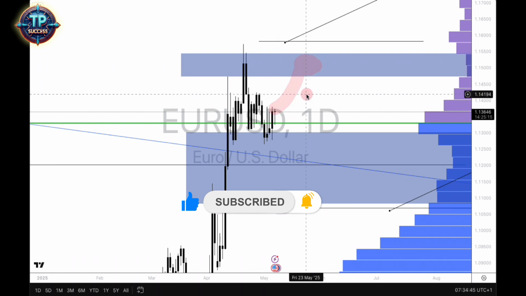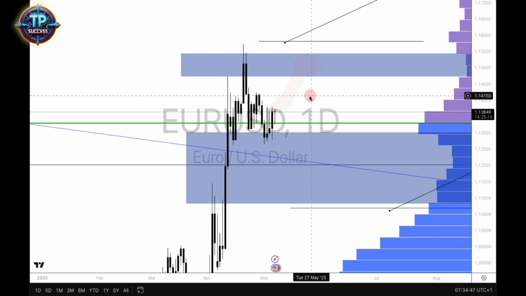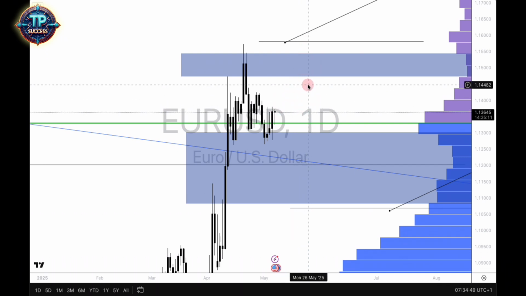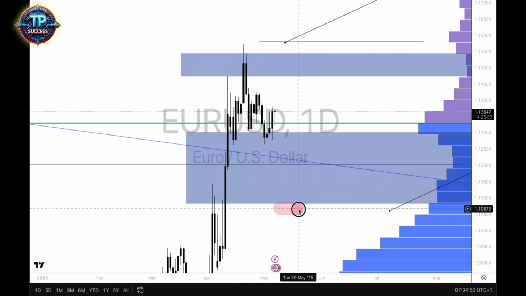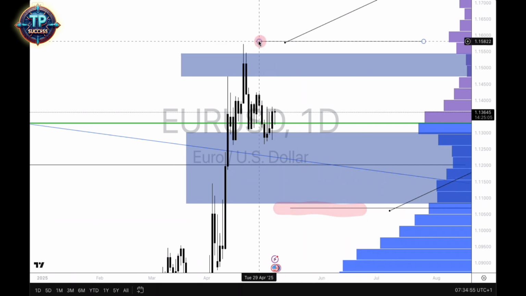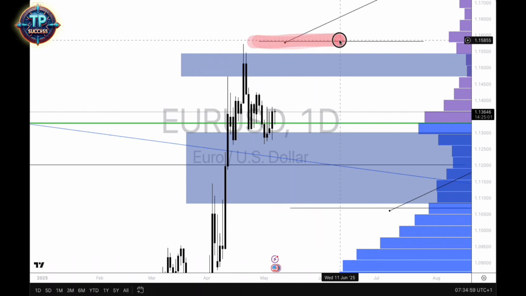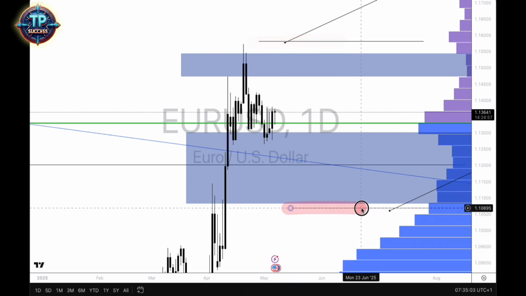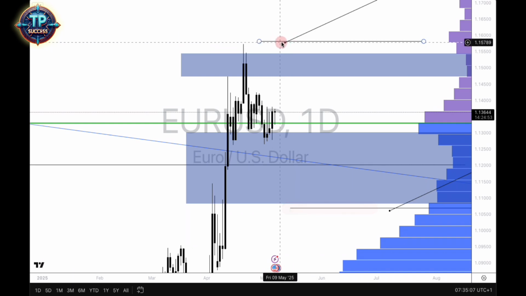Now, there is a decent amount of pips in there for you to trade it. But like I said, the serious trades will be done at this level down here, which is selling, or at this level up here, which is going to be buying. But the buying at this side is not going to be anywhere near as serious as the selling at this level, because I have a lot more confidence at this level than I do at this level.